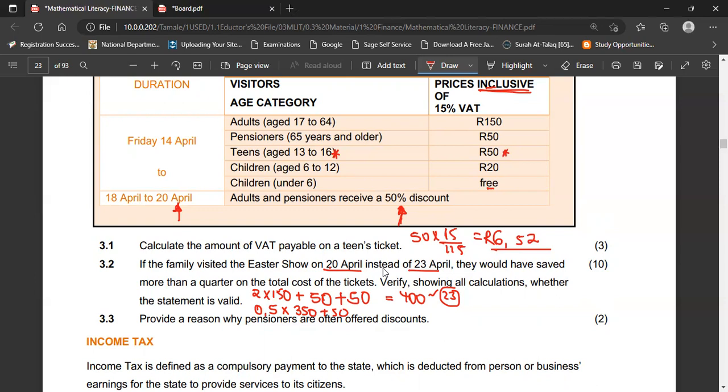Because remember, the discount applies to adults and pensioners. So we have two adults, where we multiply by 2, and 1 pensioner. Remember these, you get 350. So 350 times 0.5, you have your answer as 175 plus 50, which is 225.